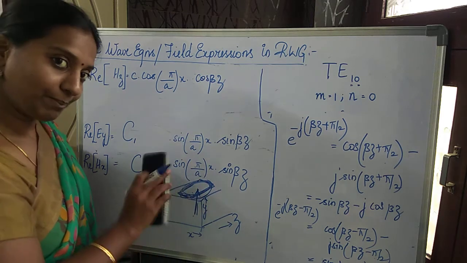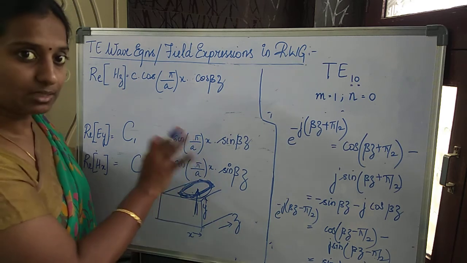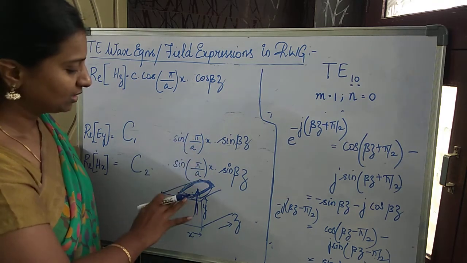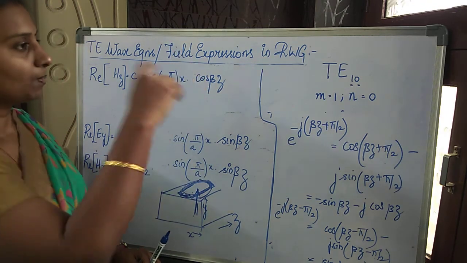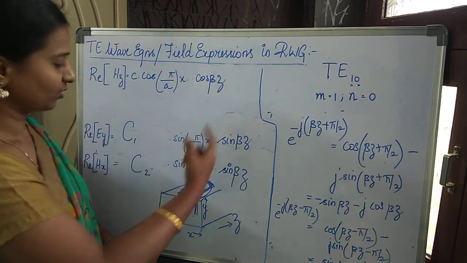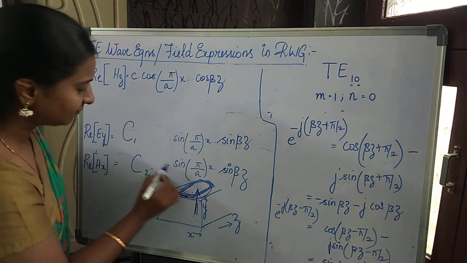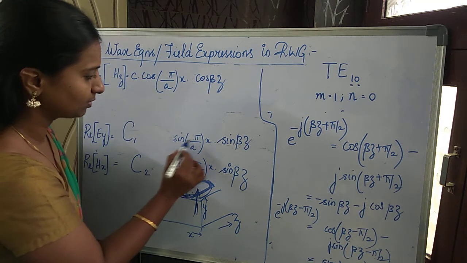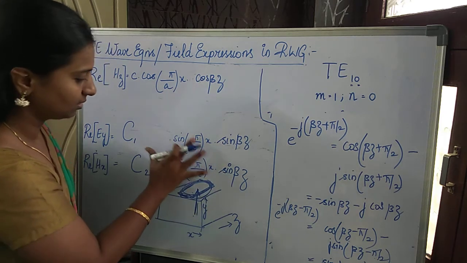So we'll see the pattern of this TE10 mode. So we are saying only for TE10 mode now. So the pattern is going to be the electric field is along y dimension and the magnetic field is going to be along x and z dimensions, okay? And one more similarity if you see here, because both are sine and both are having the same values, right?